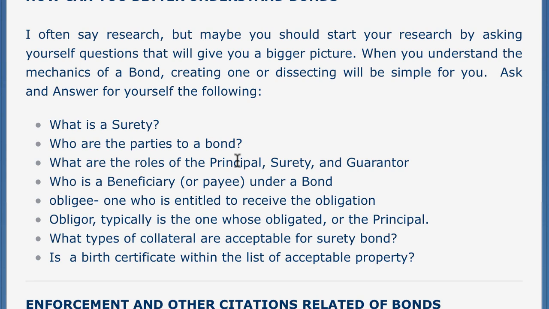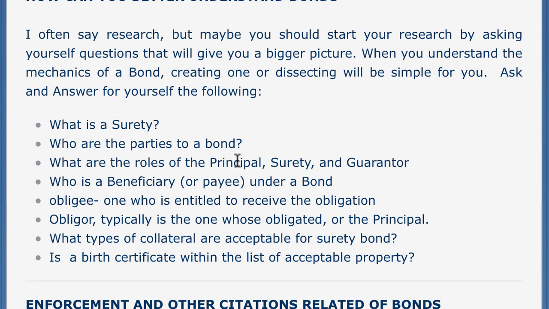Usually they don't use these terms, just rarely you'll see beneficiary and payee when they're talking about bond language, but you'll see the obligee. This is the person who's entitled to receive the obligation. You understand what I'm saying? So the obligor is usually the principal, the person who's tendering the bond, if that makes sense.